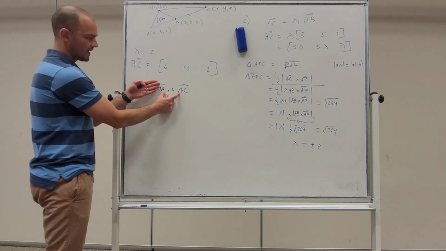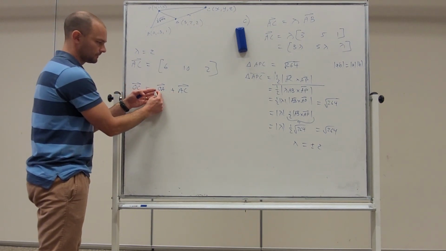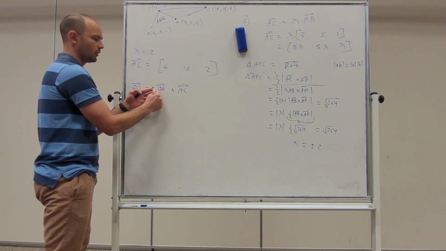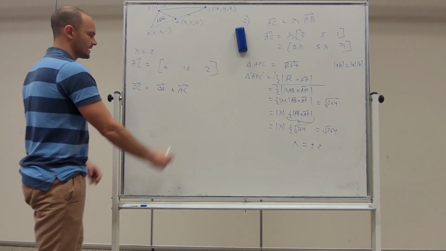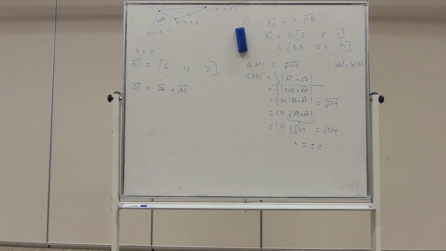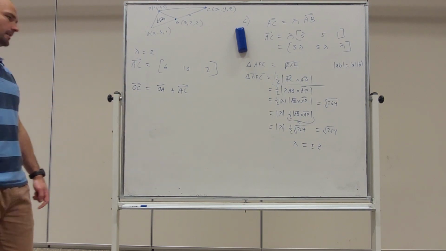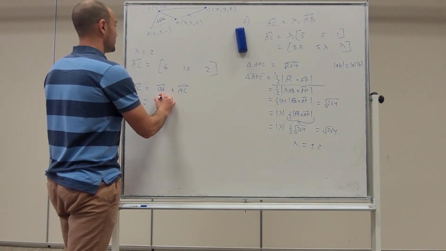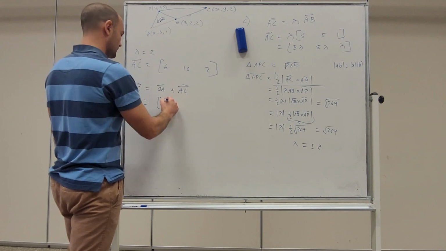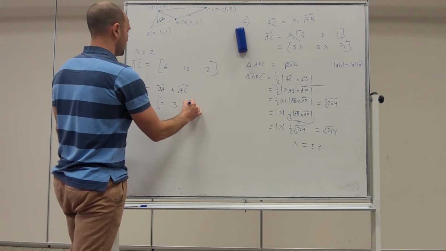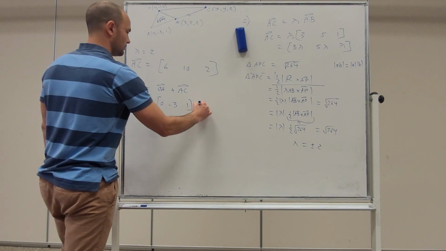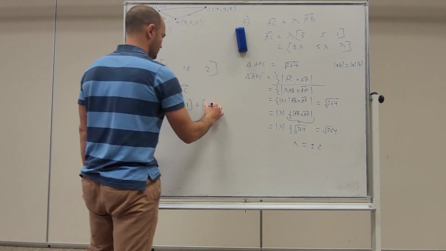All right, so A and A are the same, and we're left with the vector from O to C. We're starting at O, finishing at C. A and A are the same, so they're connecting head and tail. And vector OC is the same as the coordinates of C, isn't it? So that means we're left with vector OA, which is 0, 3, minus 3 and 1, plus this one, 6, 10, 2.